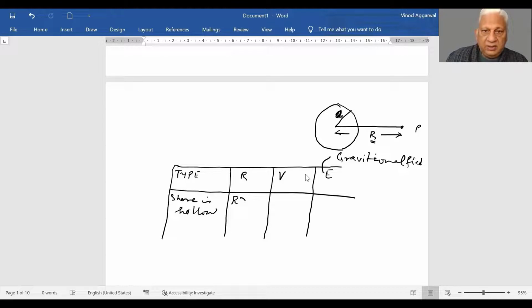If R is greater than A, that means it is outside the sphere. Then the potential is given by minus Gm by R. Okay.